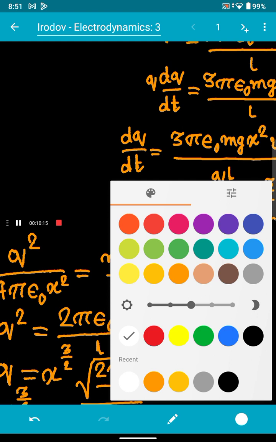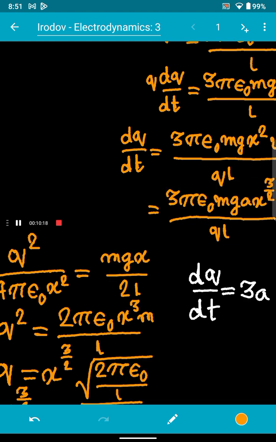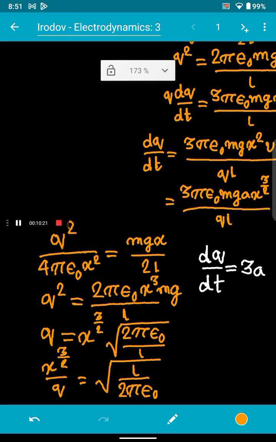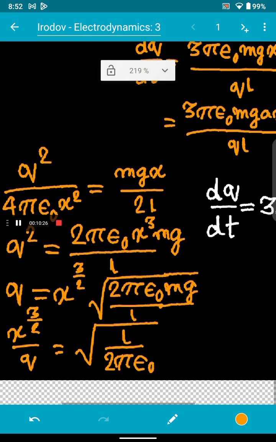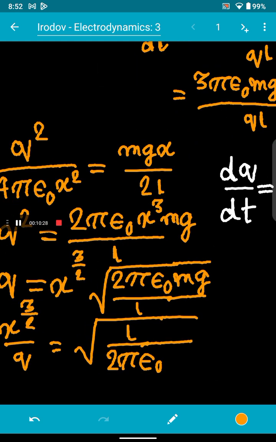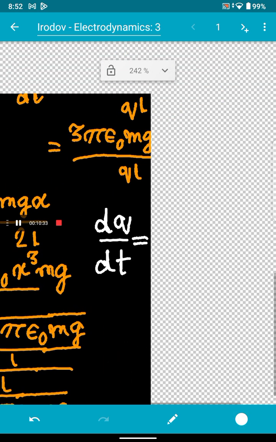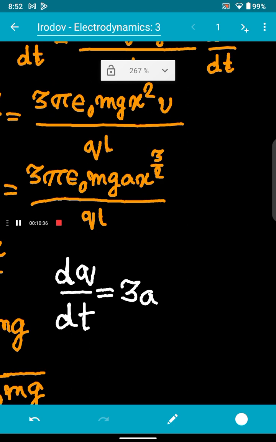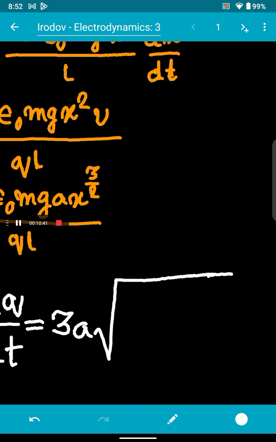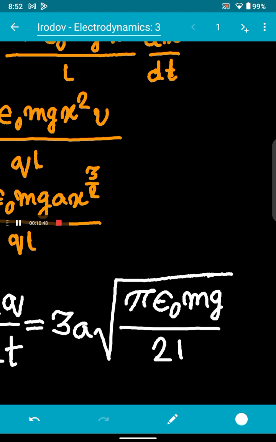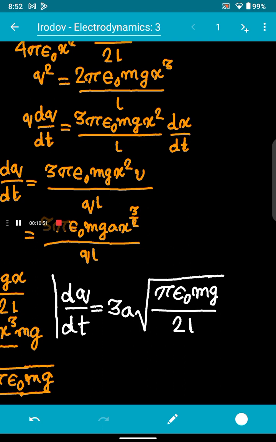There should be x cube into mg. So we will have 2 pi epsilon naught mg here. If we report the final answer, the whole part will be inside the root, and this will look something like this: pi epsilon naught into mg divided by 2L, and that's basically our final answer.